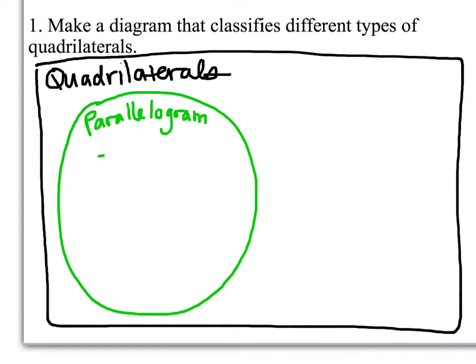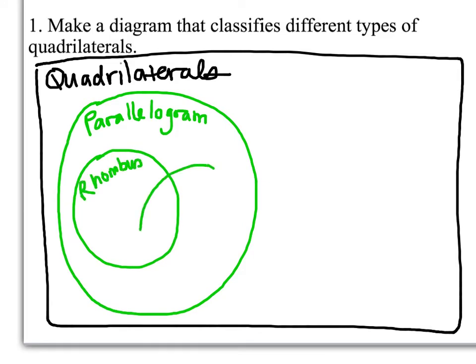Within the family parallelogram, we talked about rhombuses, and we talked about rectangles. And then we said the intersection of rhombus and rectangle, so the objects that are both rhombuses and rectangles, are squares.